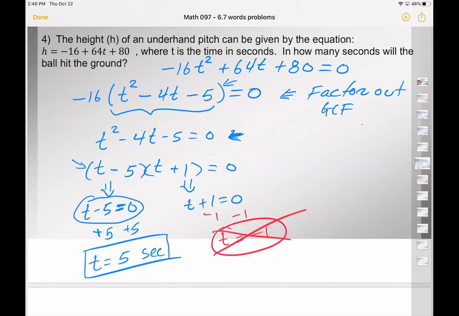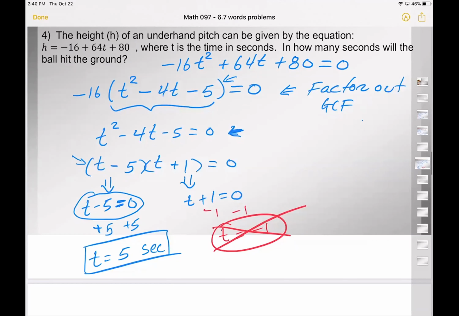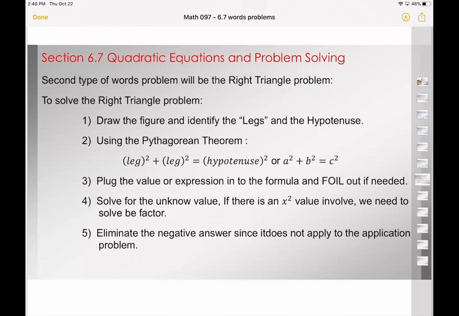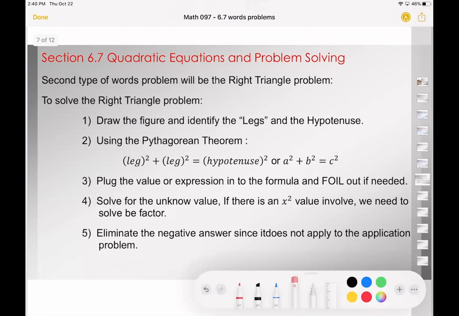All right. If you don't have questions, let's take a look at the second portion of your word problem. Like I mentioned, this right here is the right triangle. You have to draw your right triangle.